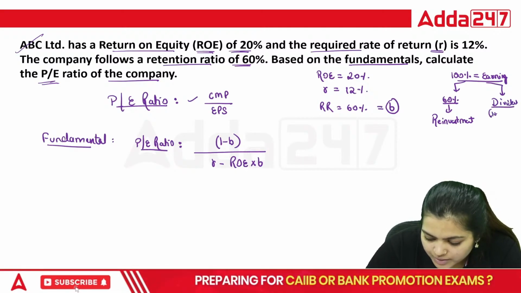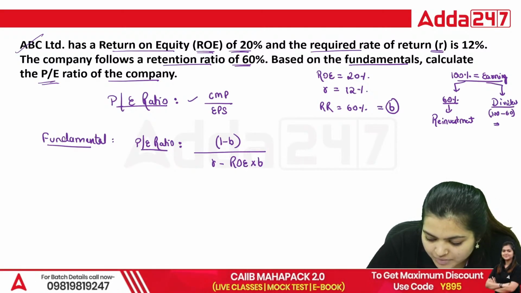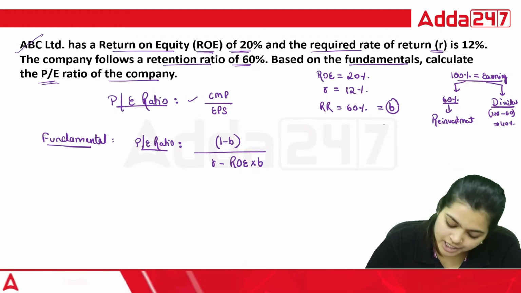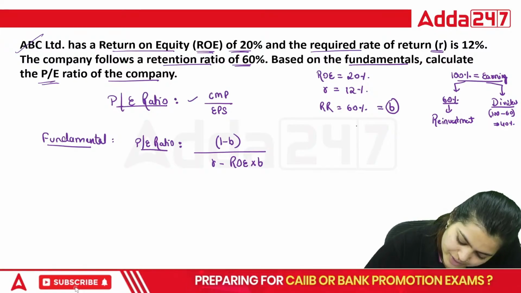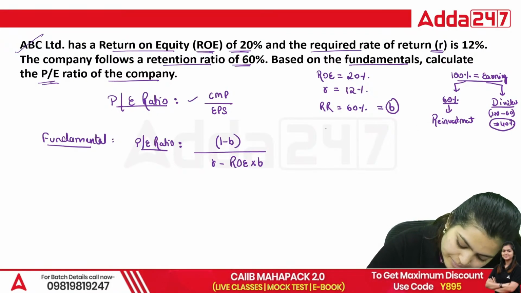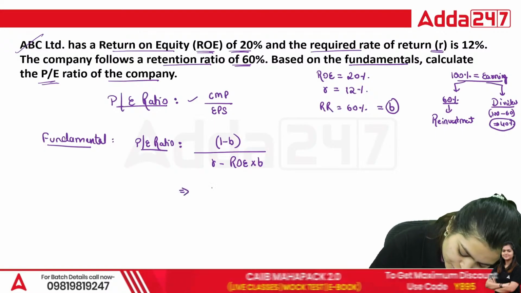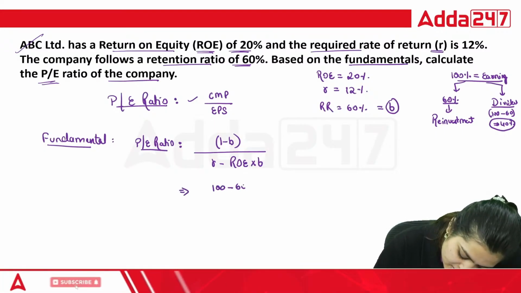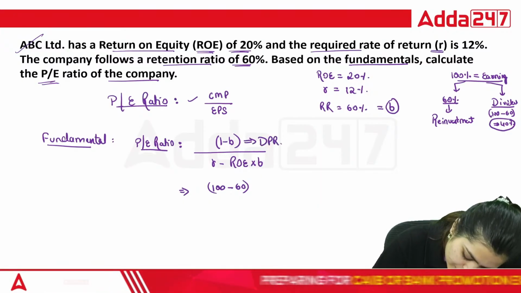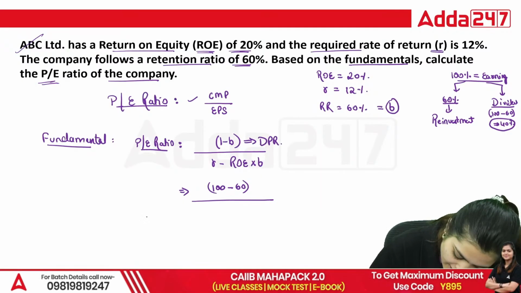How will you calculate? 100 minus 60 means 40% you are distributing here. So what amount we are going to take in the numerator is 100 minus 60. This will give you the dividend payout ratio, divided by R.